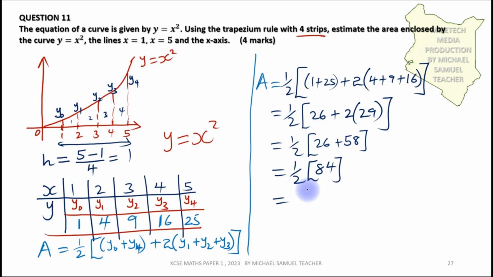Then a half of 84, that will be 42 square units, since we are looking for the area enclosed by the curve and the x-axis. So we have the x-axis, the curve, and x equals 1 and x equals 5. So that part, we find the area.